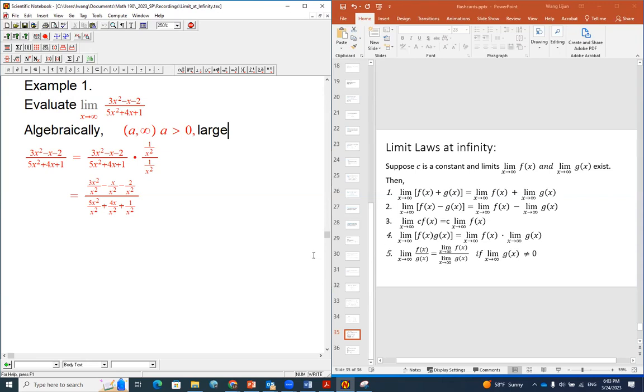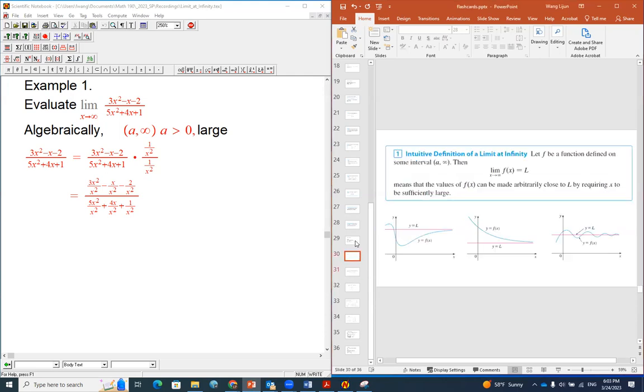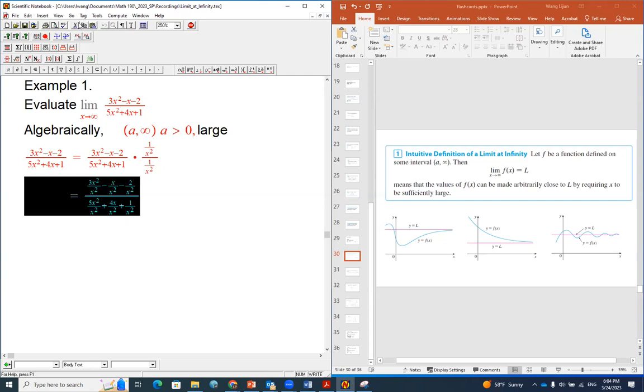They all work, as long as you have some interval a to infinity. We have that interval in mind, so x is in that interval and is very large. All of these steps can be carried out, and then we just simplify.